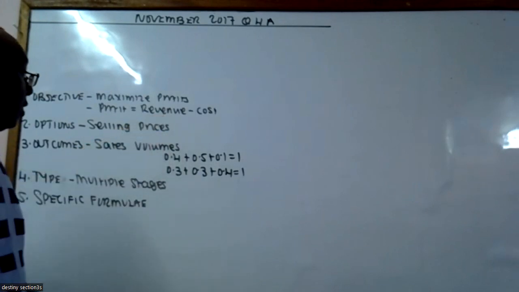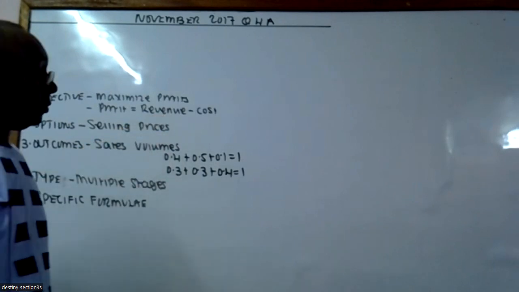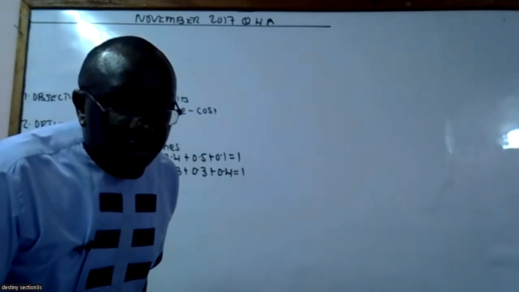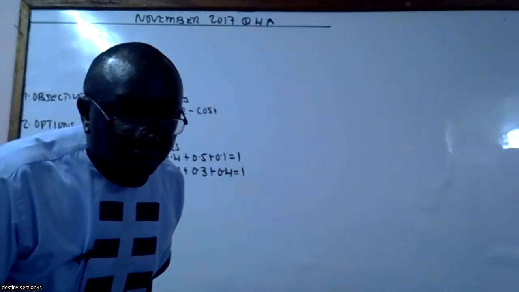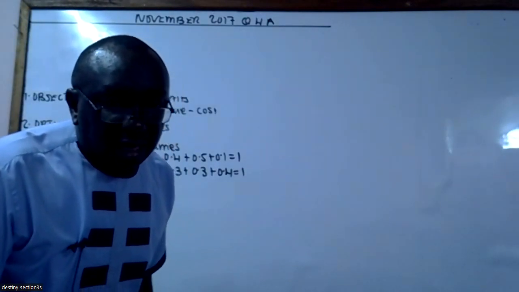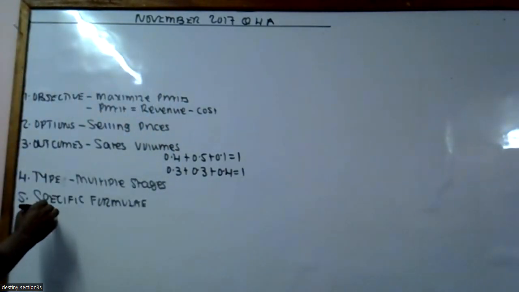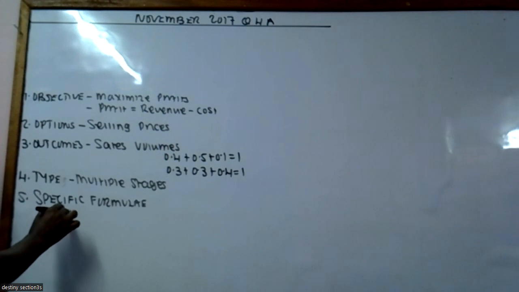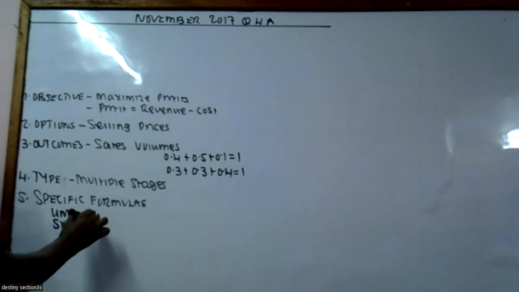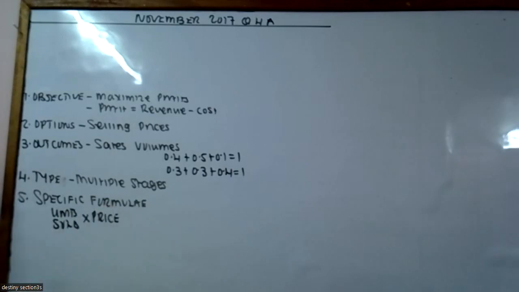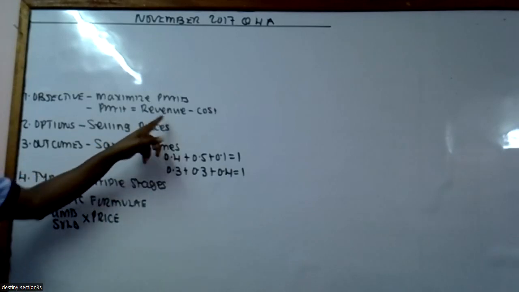How are we going to get to the revenue? The revenue obviously will be volume times the price, or units sold times the price. That gives us now the revenue here.